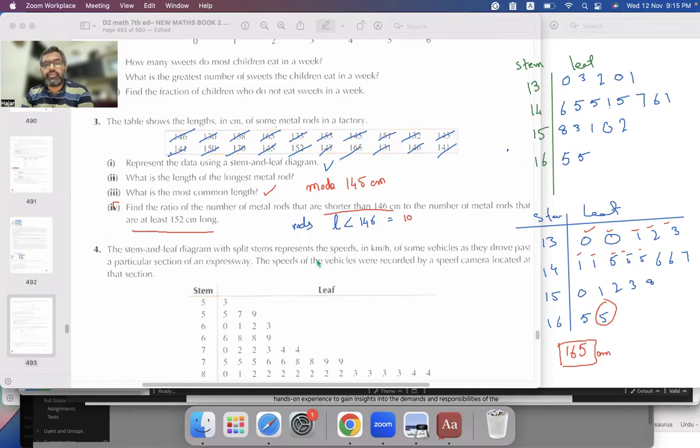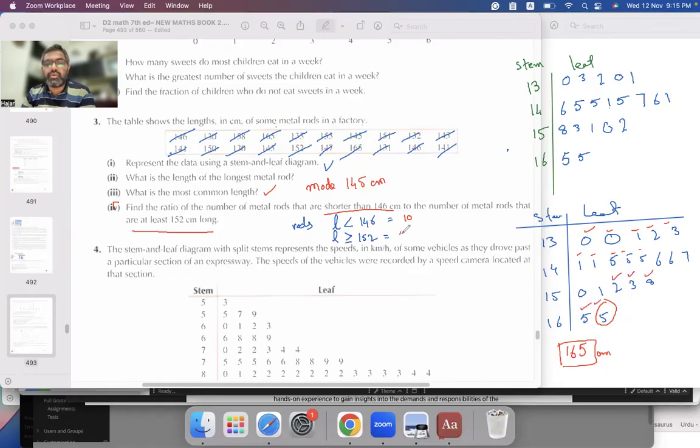And how many rods have lengths of at least 152 centimeter? So it's greater than or equal to 152. If we don't include it, it will create an error. We have to count everything which is included. So this is 152, 153, 158, 163, 164 and 165.